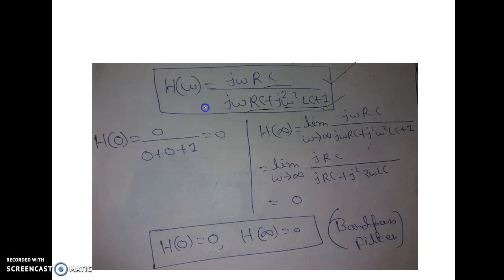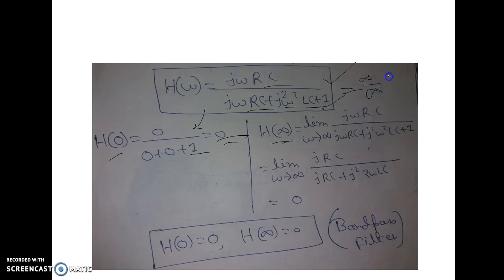So H of 0, by putting omega equal to 0, we get 0 by 0 plus 1, which is equal to 0. And for H of infinity, by putting omega equal to infinity, you get j infinity RC by j infinity RC plus j square infinity square LC plus 1, which results in an infinity by infinity term.